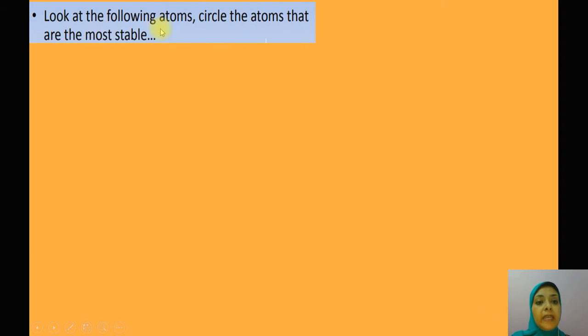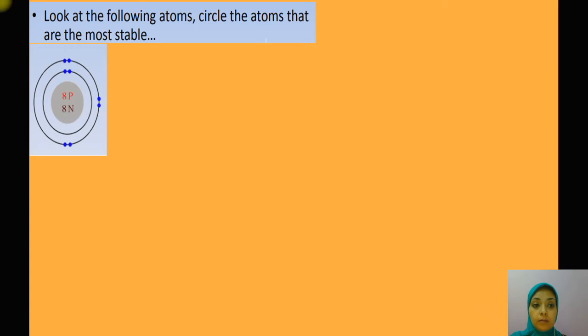Look at the following atoms. Circle the atoms that are the most stable. So we have a number of atoms. We will choose the stable one. We have 8P. What is 8P? P represents the proton. So we have 8 for the protons number. 8N, 8 for the neutrons number.